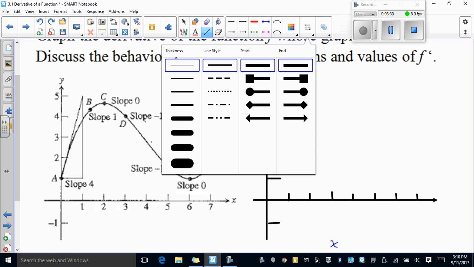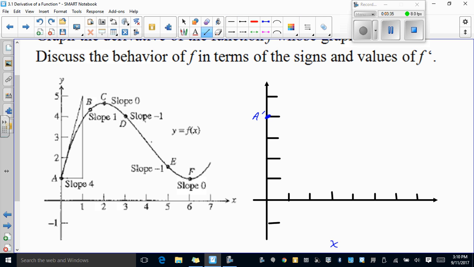About. So about 1.5, my slope here is 1. So we put a point here and label it B prime, and so on and so forth. At C, they're saying it's 0. If you're not sure of the point there, you can always do that. Looks very good to 2. So 2, 0 is C prime.